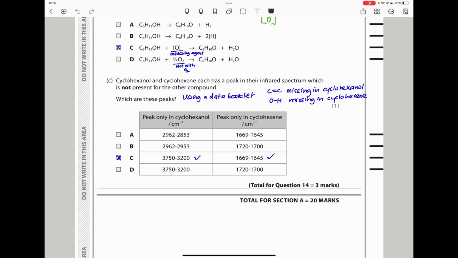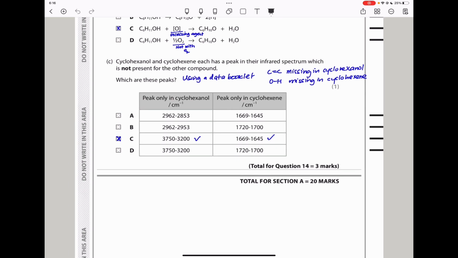Lastly, here we see this is cyclohexanol and cyclohexene. Each has a peak in its infrared spectrum which is not present for the other compound. Which are these peaks? If you use the data booklet, we have to know that the carbon-carbon double bond should be missing in cyclohexanol, while the OH bond should be missing in cyclohexene. Remember, cyclohexene will have a carbon-carbon double bond, but will not have OH. And cyclohexanol will have OH, but no carbon-carbon double bond.